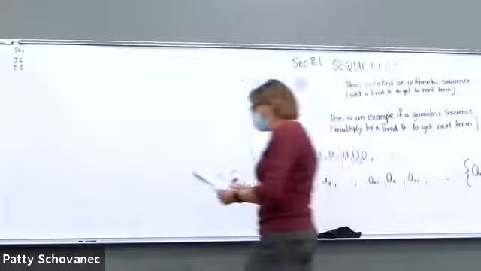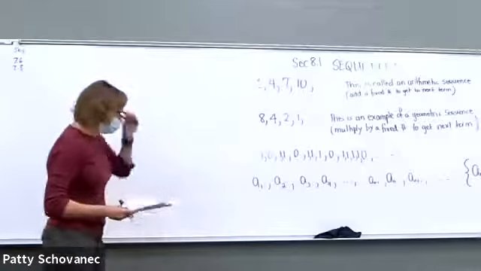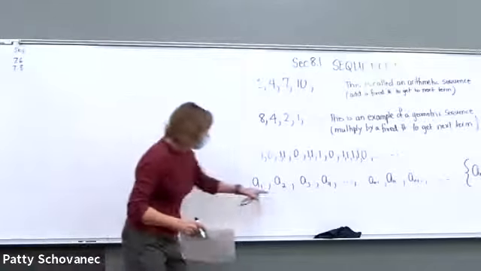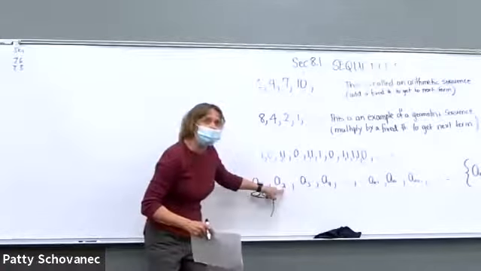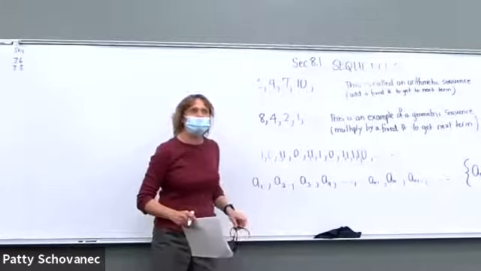The mathematical definition is that a sequence is a rule, a pairing between the counting numbers, which are the subscripts, and whatever number goes into that position.